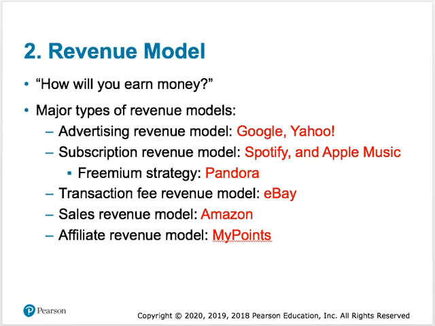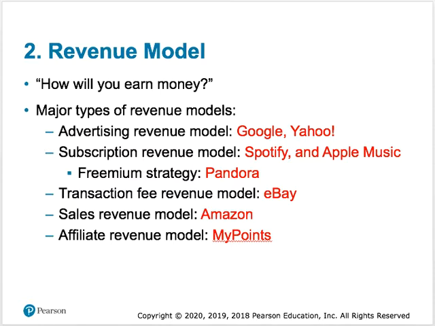Spotify, Apple Music, Netflix, or Pandora provide the freemium strategy. The freemium strategy revenue model is the combination of free and premium. You can read the case study of Pandora to discover the freemium strategy revenue model.